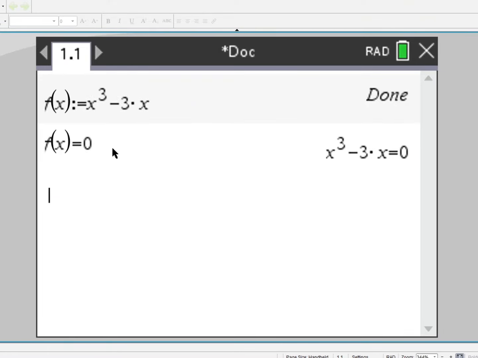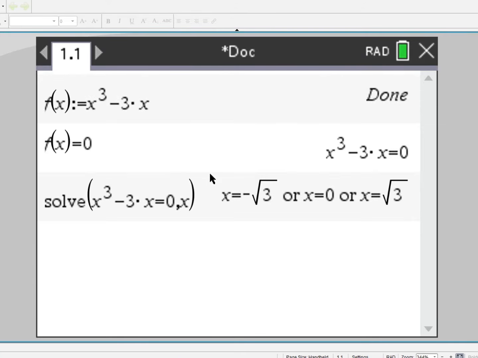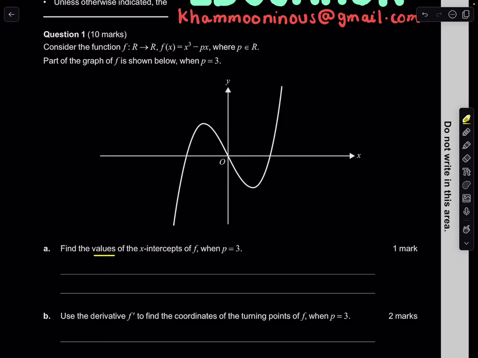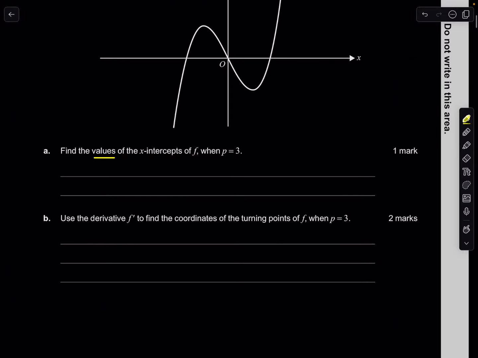So solve, answer, comma, x. And we get 3 values here. Let's write these 3 down. So x is equal to negative root 3, x equals 0, and x equals root 3. Those are the answers for the first part.